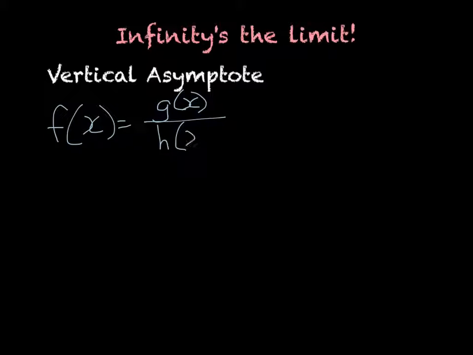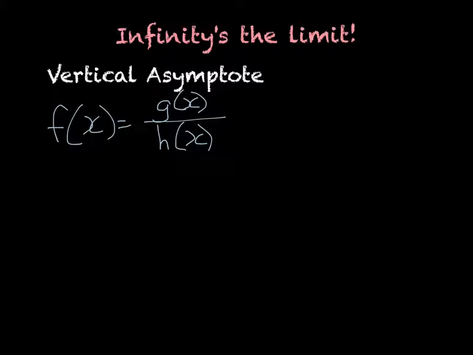So we've been talking about vertical asymptotes, but how do we find them? Let's say that we have a rational function, f of x equals g of x over h of x.